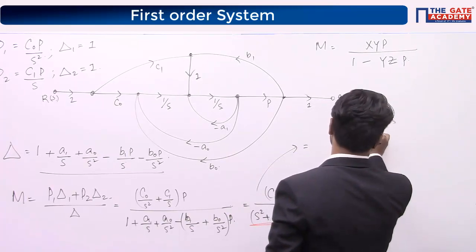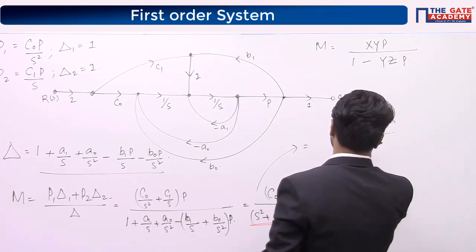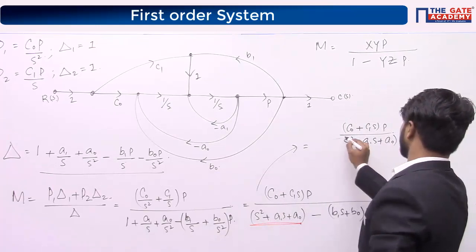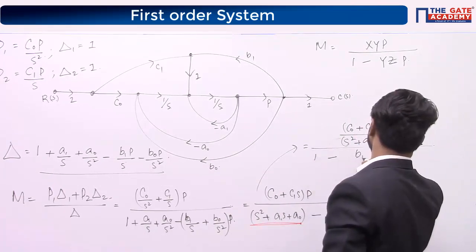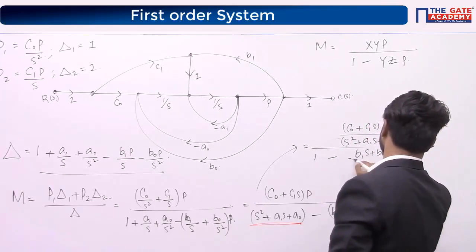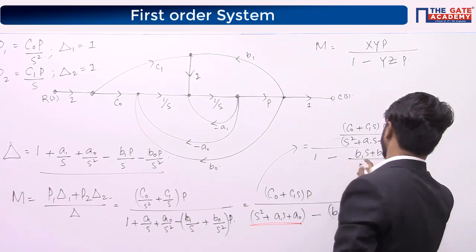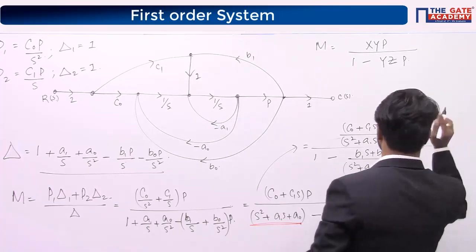(c0 + c1 s) times p divided by s² + a1 s + a0, divided by 1 minus (b1 s + b0) divided by s² + a1 s + a0, multiplied by p, right?